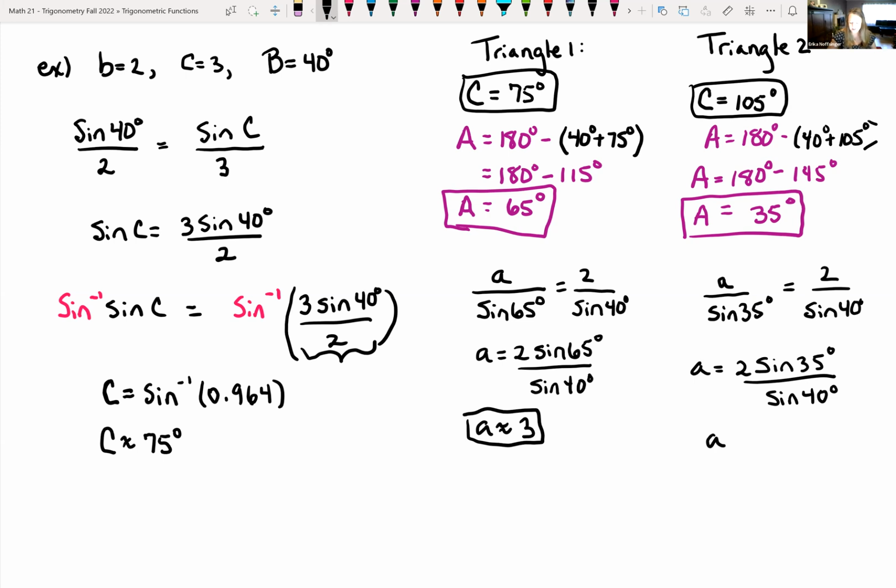A in our second triangle, 2 sine of 35 divided by sine of 40, which gives us approximately 1.78, which rounds to 2. So 2 triangles exist, and we found the rest of the angles and sides of the unknown.